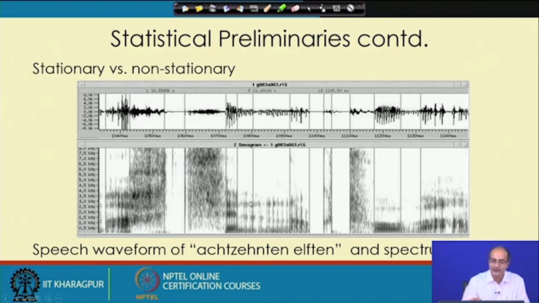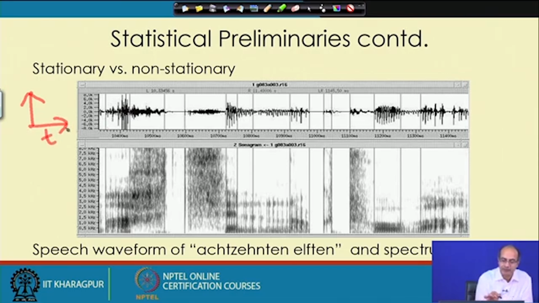Now, if we look at the same signal in a frequency domain, then also the same thing is depicted. For the top plot, the y axis gives the magnitude of the signal and x axis is giving the time. For the bottom graph, however, the x axis remains to be the time and the y axis is giving the frequency.